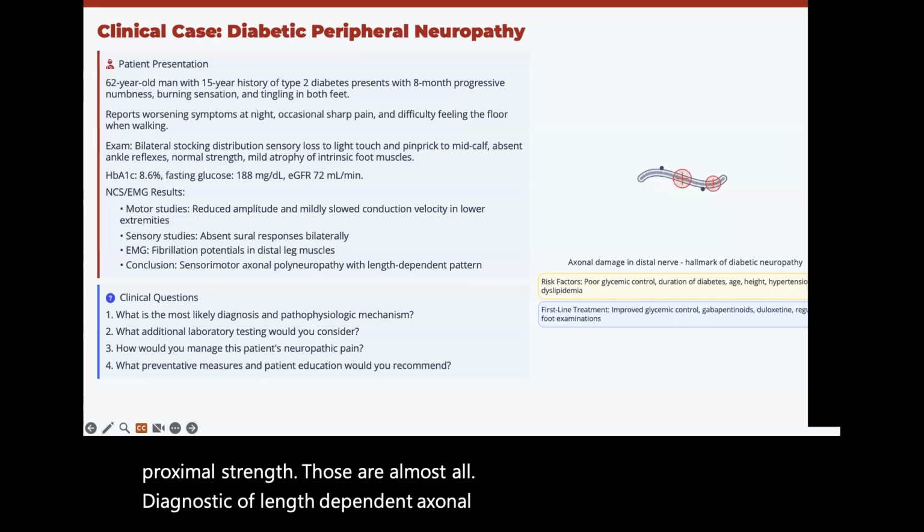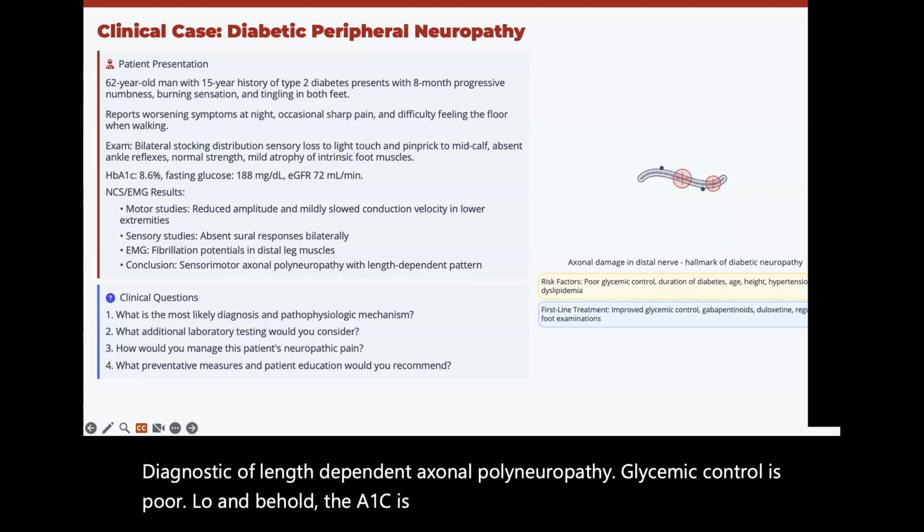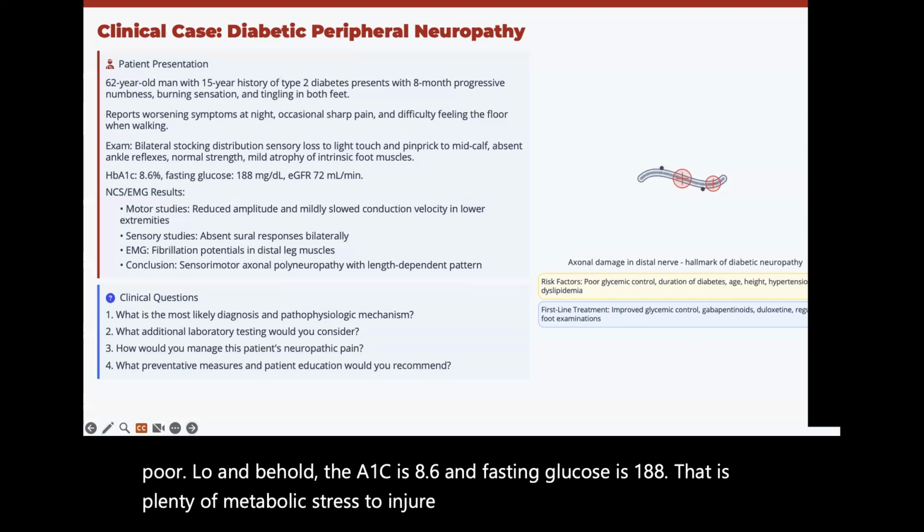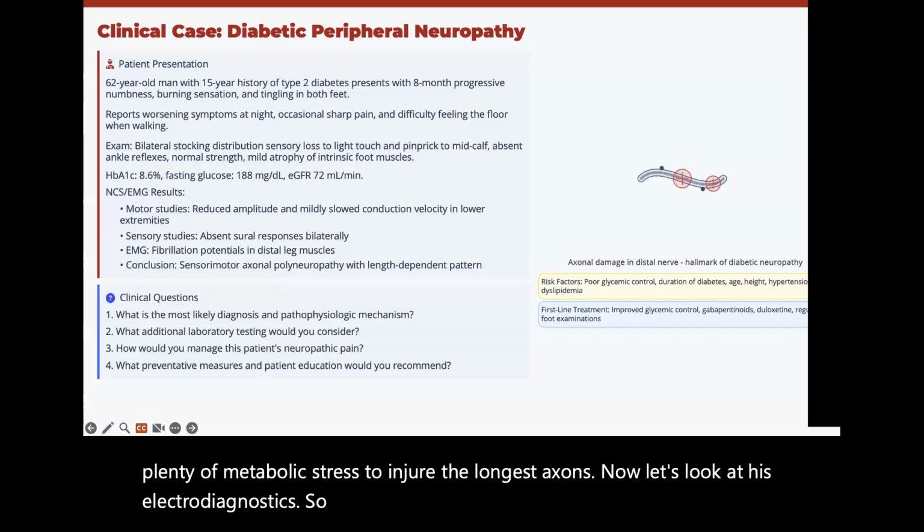Glycemic control is poor. Lo and behold, the A1C is 8.6 and fasting glucose is 188. That is plenty of metabolic stress to injure the longest axons. Now let's look at his electrodiagnostics. So reduced amplitudes, absent sural response, and fibrillation potentials in the distal muscles.